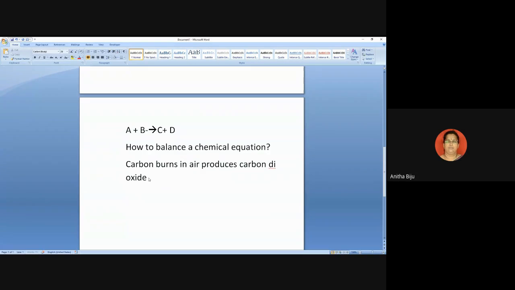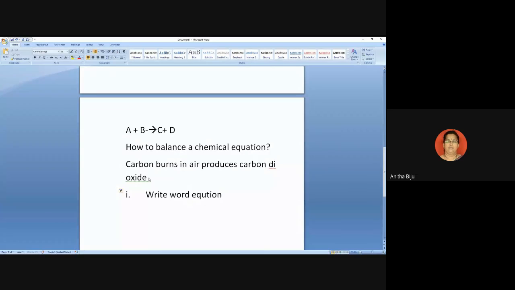So the first step of balancing a chemical equation is to write the word equation. If you want, you can write the steps. What is the first step? To write a word equation corresponding to the reaction. This is the first step.